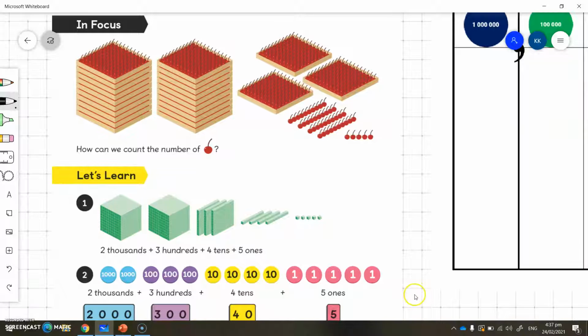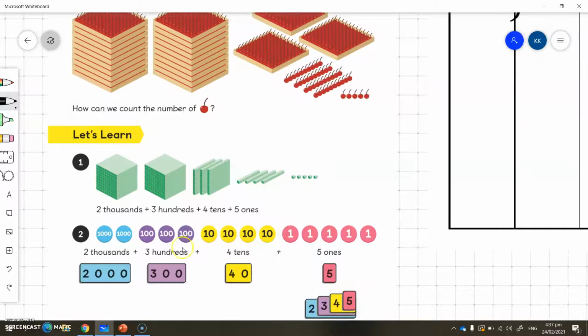I might also use my place value discs: 2 thousands, 3 hundreds, 4 tens, 5 ones, and add them together.